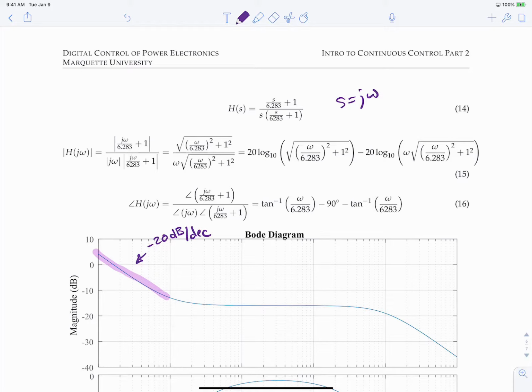Then what happens is if you look at the frequencies, we have a 0 at 6.28, we have a pole at 6283, and we also have another pole at 0. So we start off with a minus 20 dB per decade because of that pole at 0. Then we hit a 0 at roughly 6.28, which is 1 hertz. And guess what? The gain will start to flatten off.